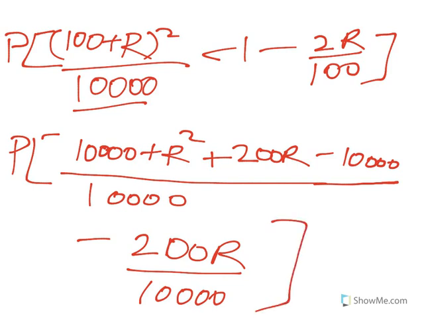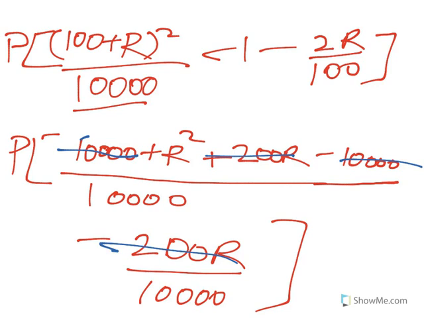So all I've done here is expand everything I have, and I've got a common denominator for everything. And now you're going to see something really interesting. Most of the things cancel. So this cancels with this. This plus 200r cancels with this. So all I'm left with is r squared.